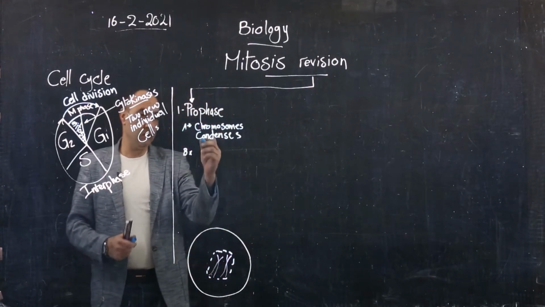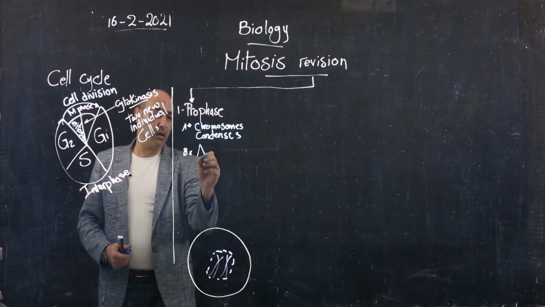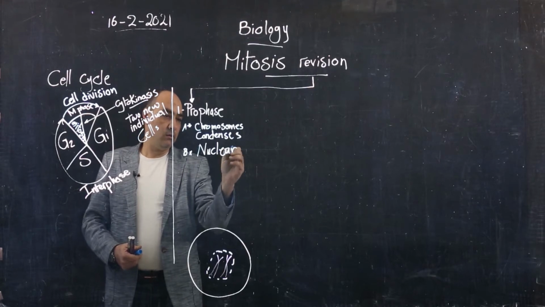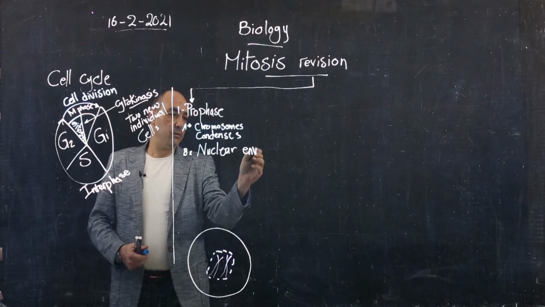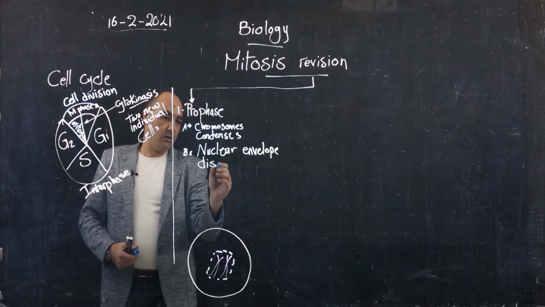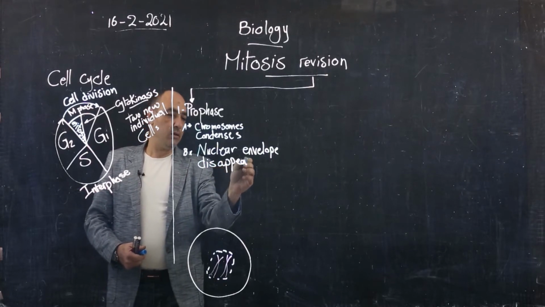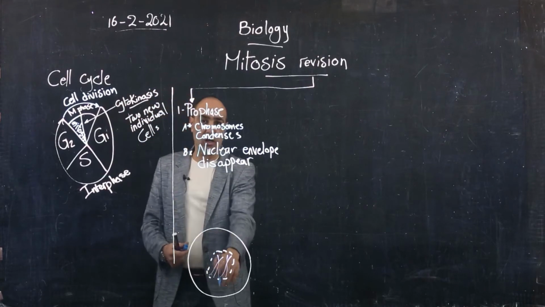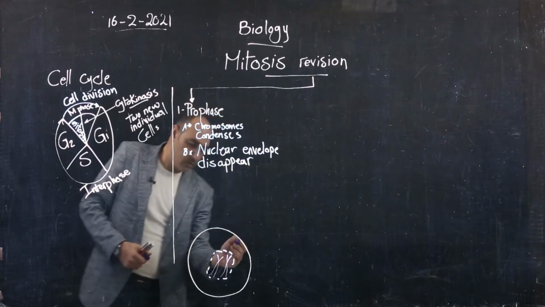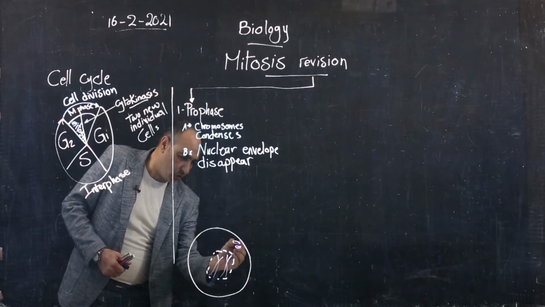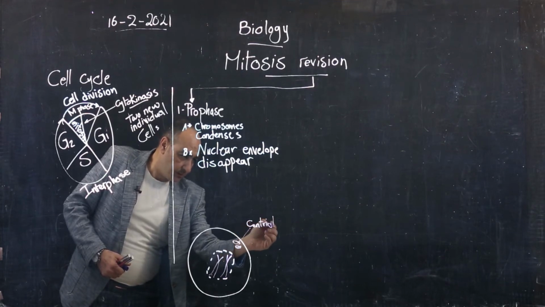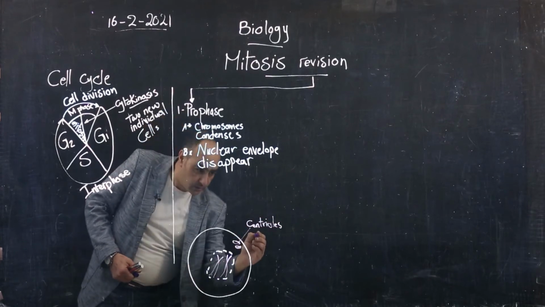So this is the second event, the nuclear envelope disappears. And in the animal cell there are centrioles. We have two bodies called centrioles in the animal cells only.